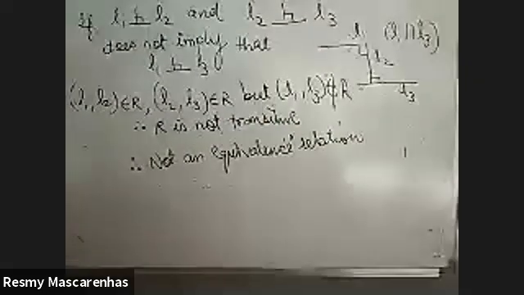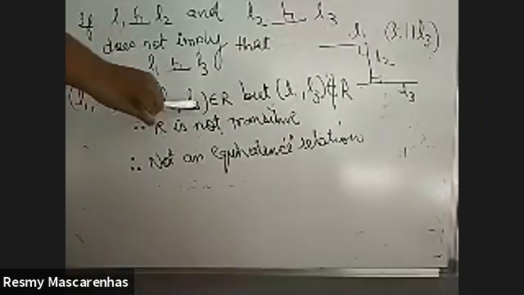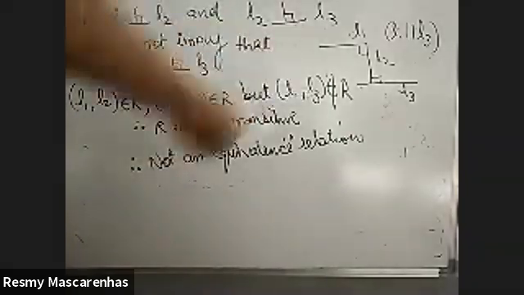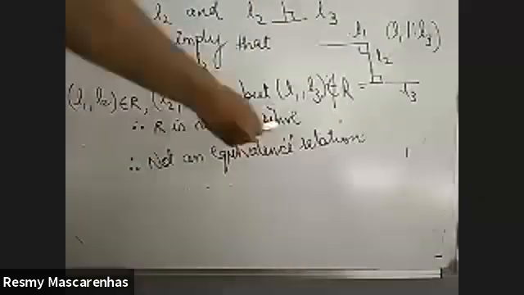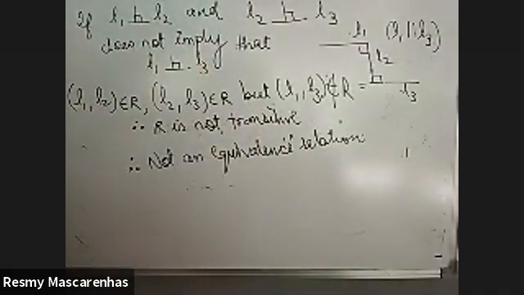If you see A1, A2, A2, A3, then actually A1, A3 should belong to R. But if it is not belonging to R, that means it is not transitive. Next one.